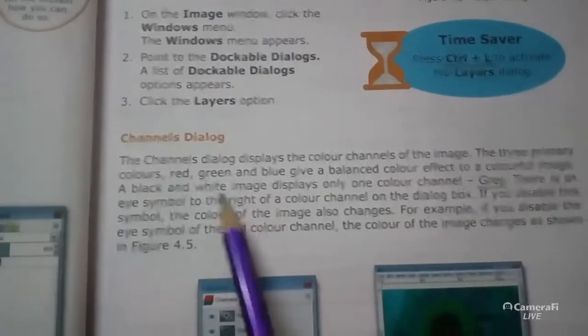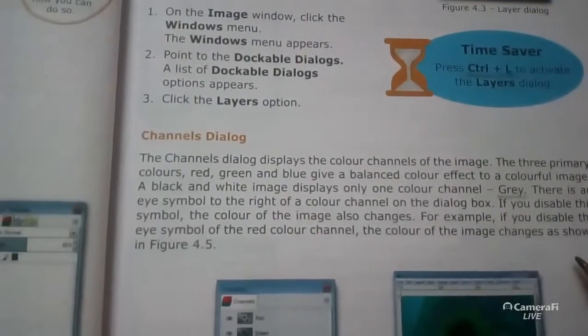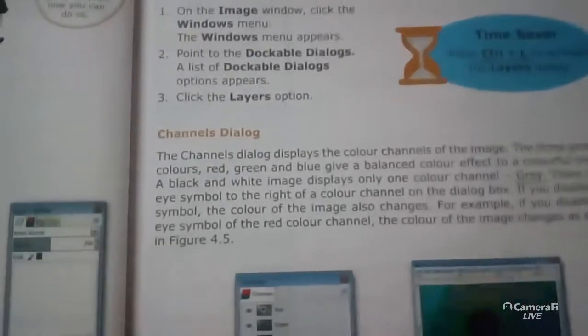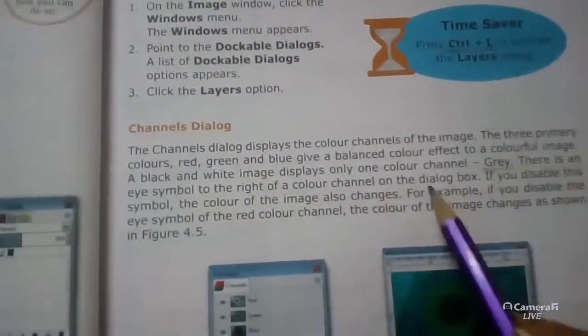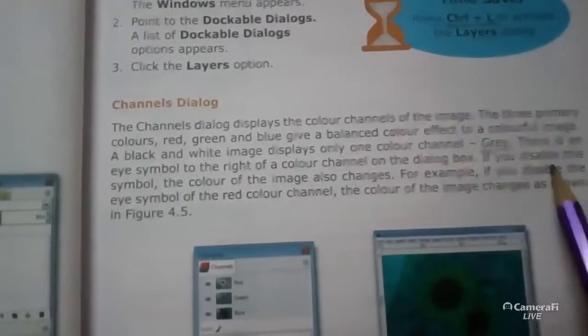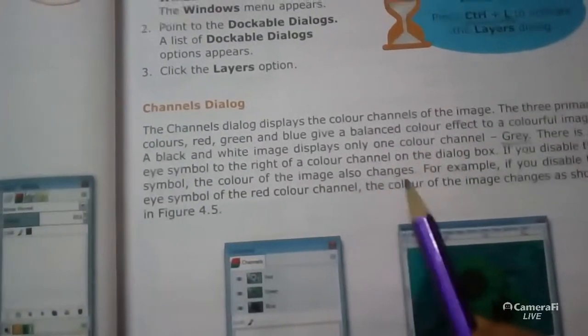With the help of these 3 colors, we can mix and match to make a new color. There is an eye symbol to the right of the color channel in the dialog box. If you disable this symbol, the color of the image also changes.